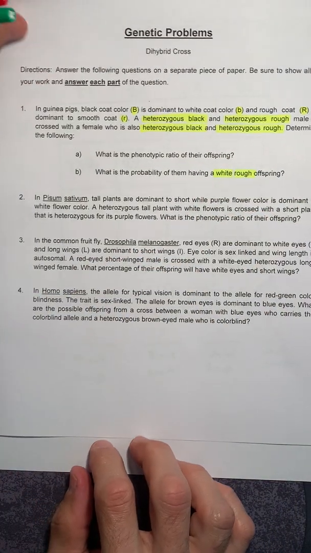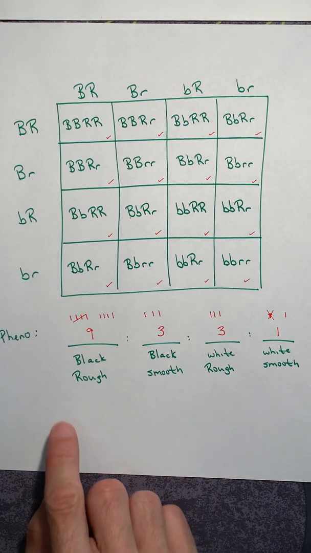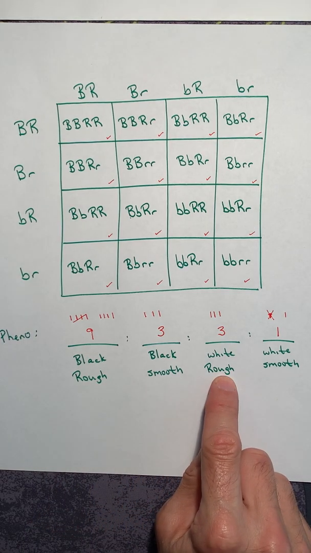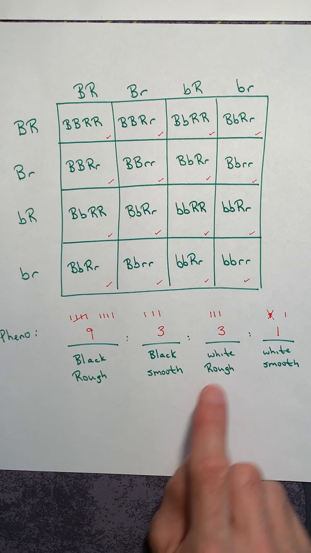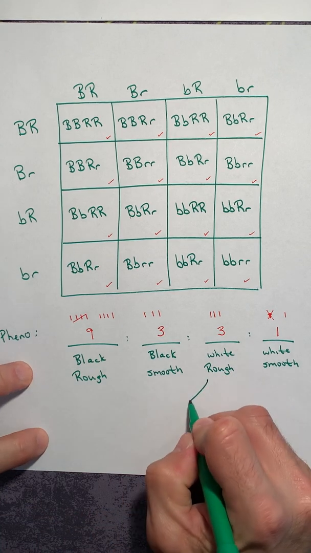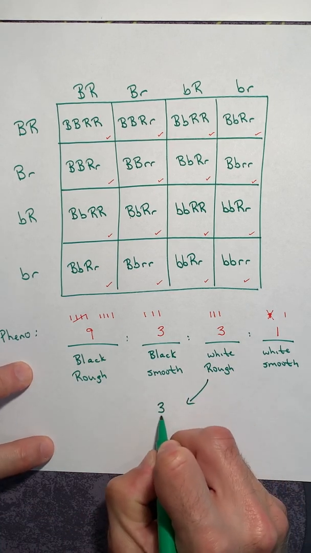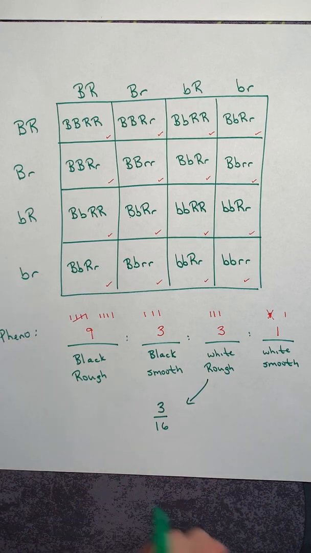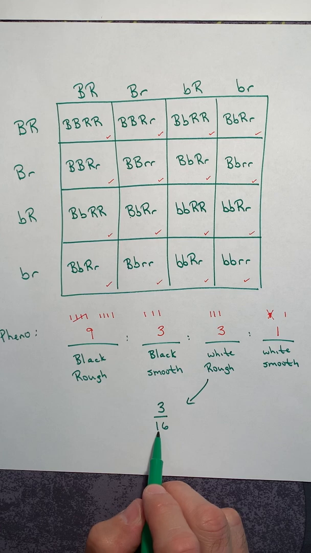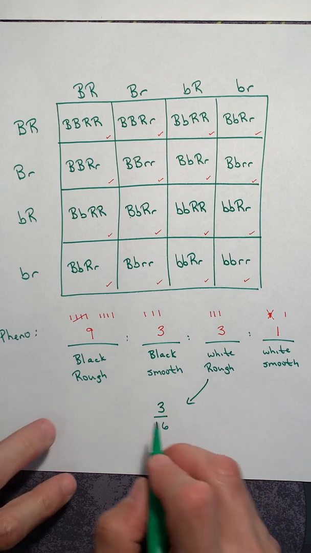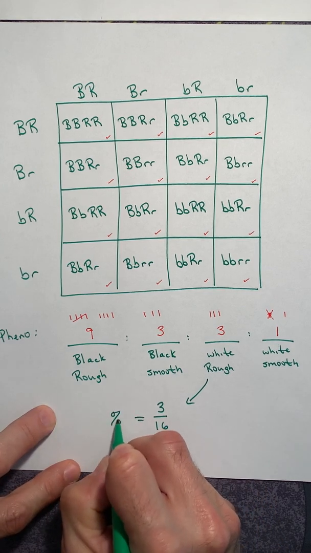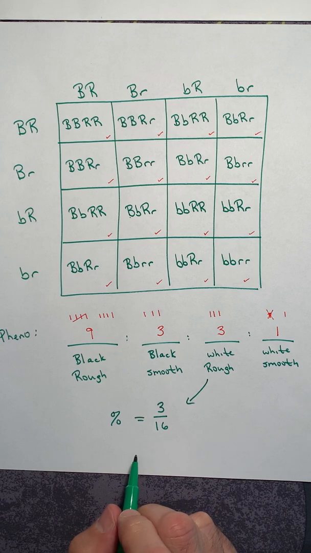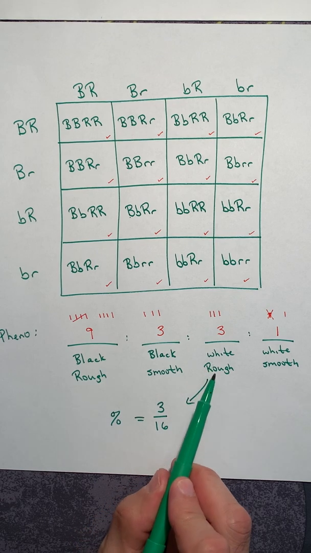White rough, come back here, and let's see, white rough, here, 3. 3 out of how many different possibilities? 16. That's your percentage. So I would grab your phone, find the calculator on that, divide 3 by 16, and that will give you the percent or the probability of this pair having a white rough offspring.